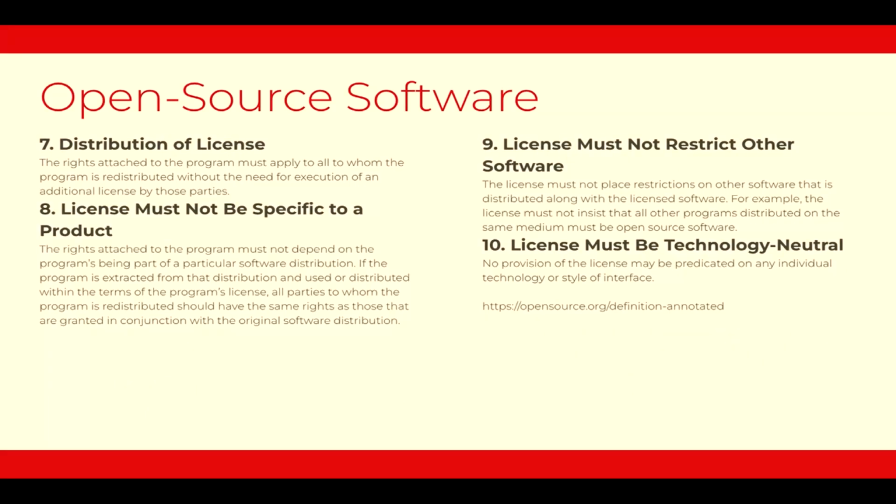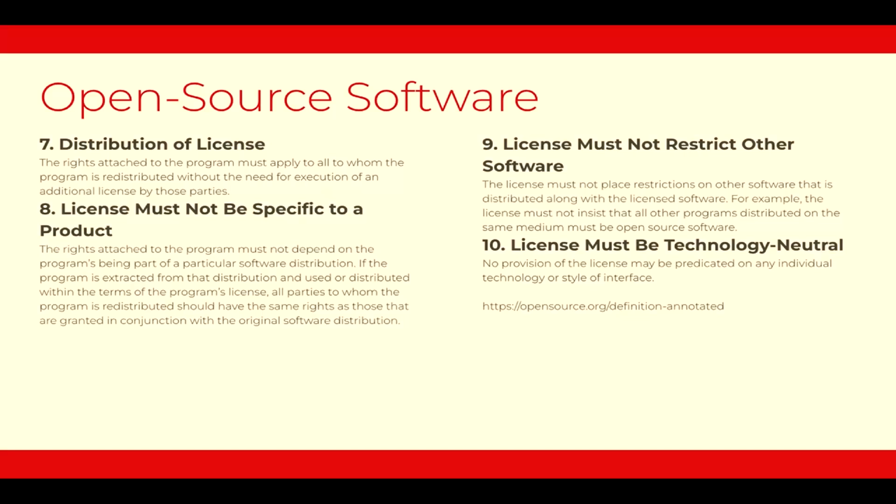Distribution of license. This is an interesting one, but all it really means is that if I make this code and I give it to you, you automatically have the right to give it to somebody else with the license. They don't have to come back to me and say, can I have the license too? And then can't restrict other software.